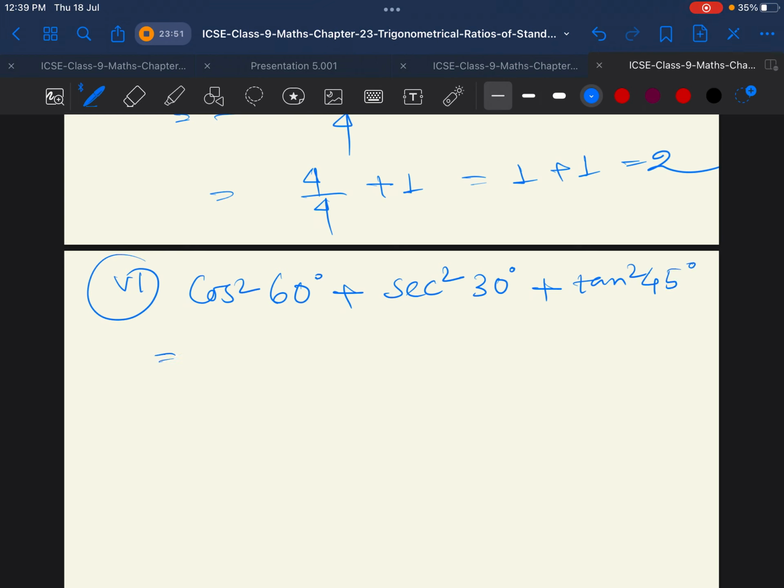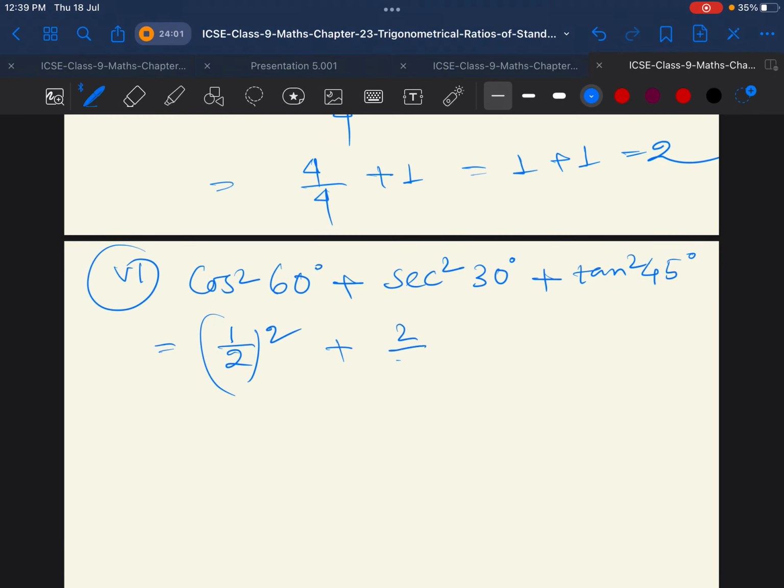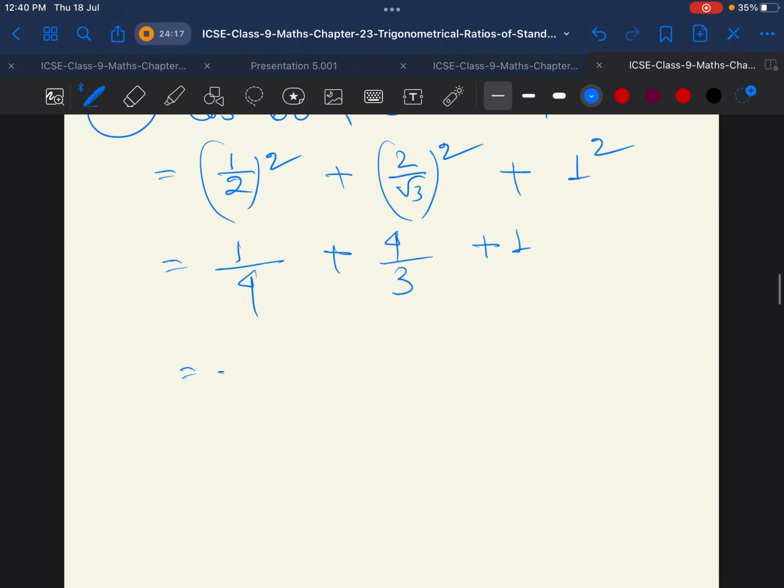So cos 60 degree we know is 1 by 2 whole square. Sec 30 degree we know is 2 by root 3 whole square plus tan 45 is 1 square. So 1 by 2 square is 4, plus 2 square is 4 by root 3 square is 3, plus 1.